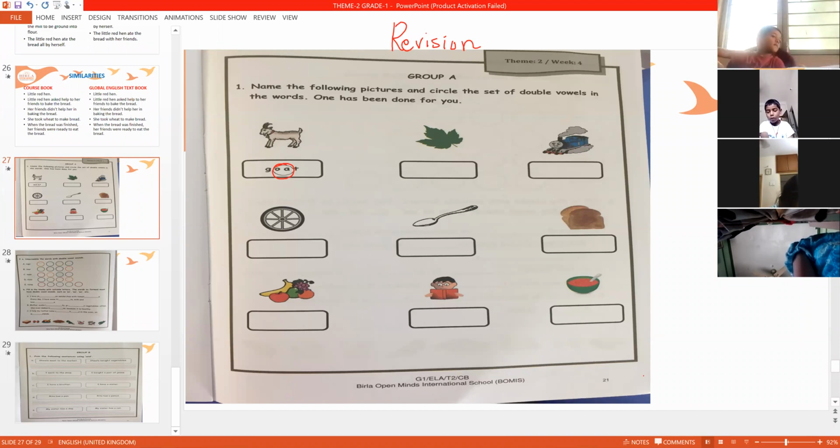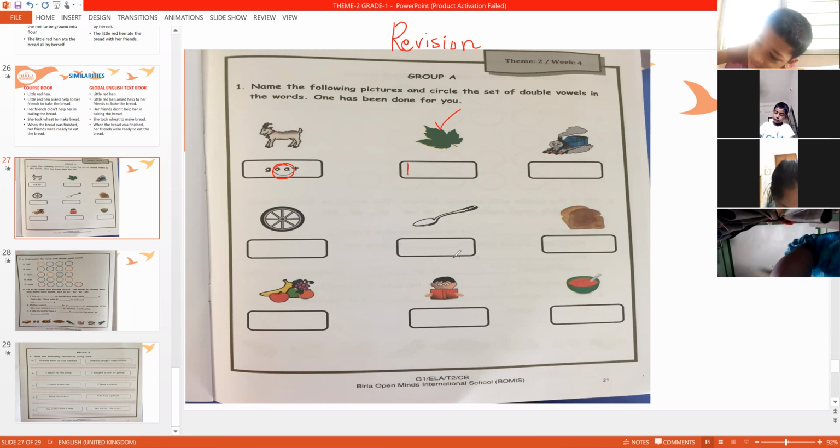Now let us see the second one. Can you see the picture? Can you tell me what is the name of that picture? Leaf. Very good.